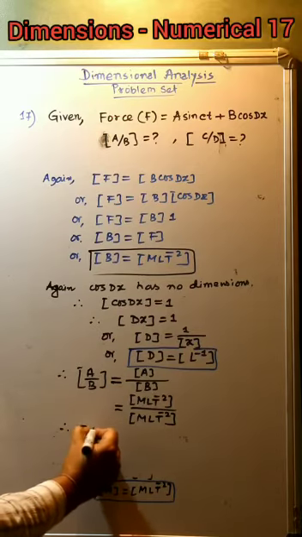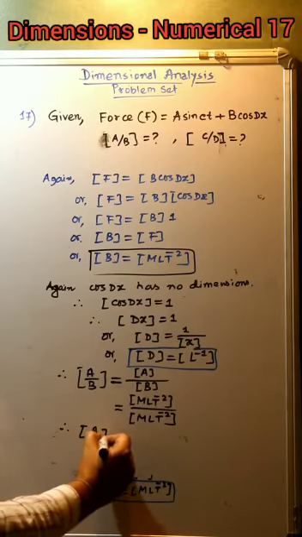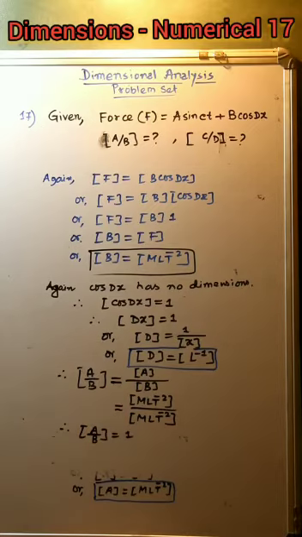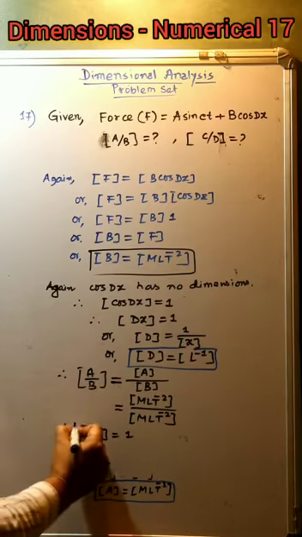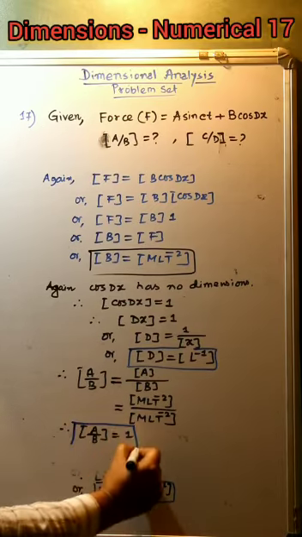Hence, we get the dimension of A by B as 1. That is one of the answers.